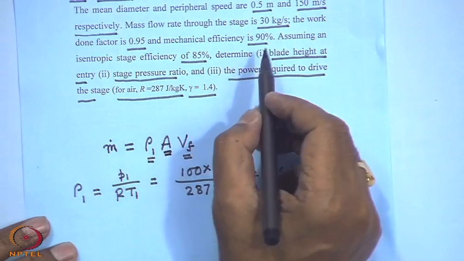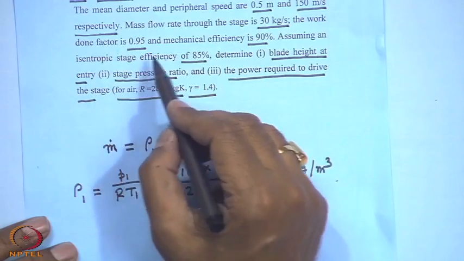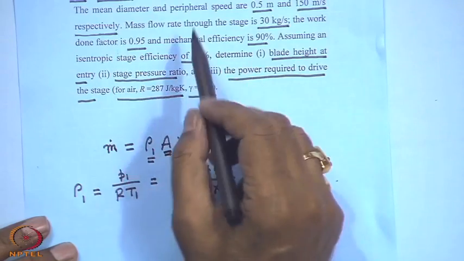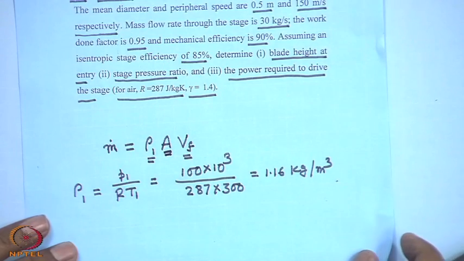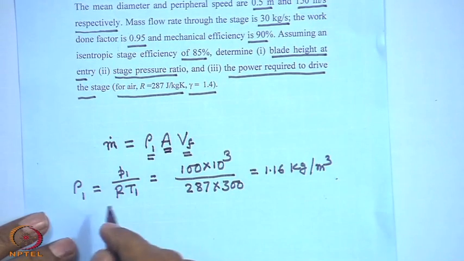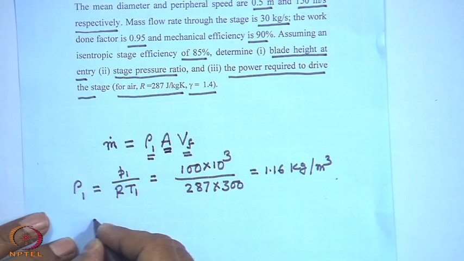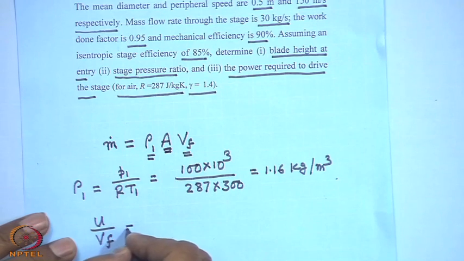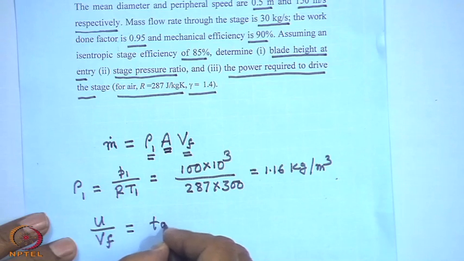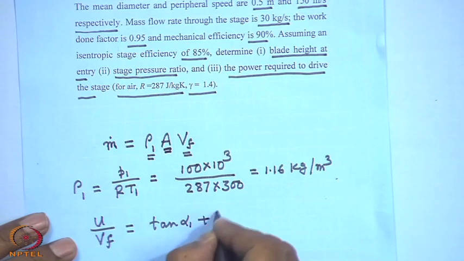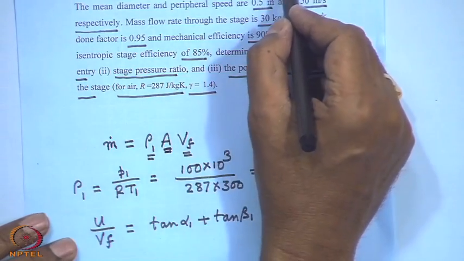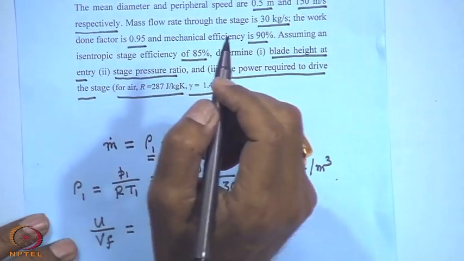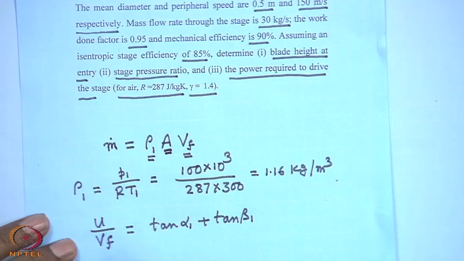How to get Vf, the flow velocity? It is not given, but we can find out the flow velocity from the expression we developed earlier, that U by Vf is tan alpha 1 plus tan beta 1. Since beta 1 and alpha 1 are given, we can find out the flow velocity.